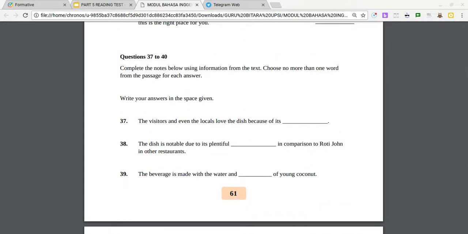they will give you some sentences with blank spaces, and you have to choose the best word that can fit in the blank space through the text given above.